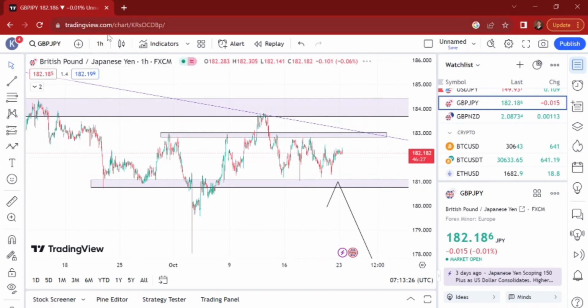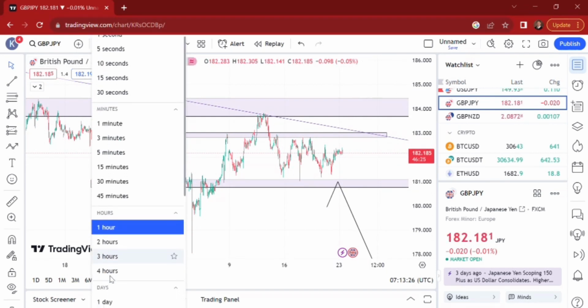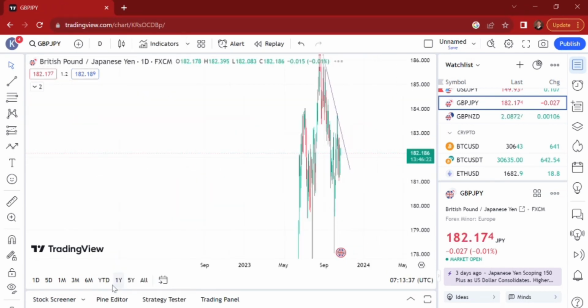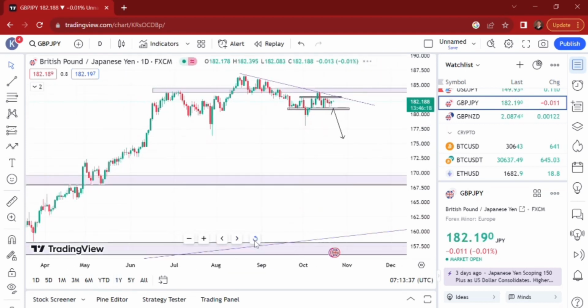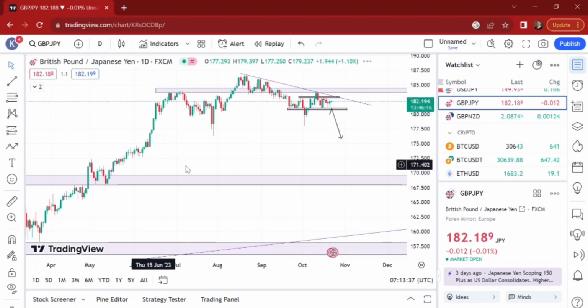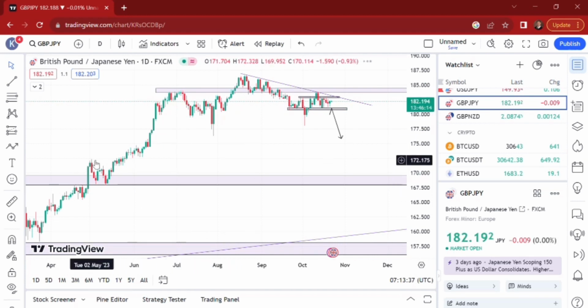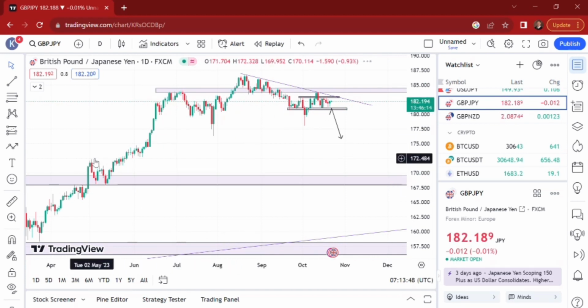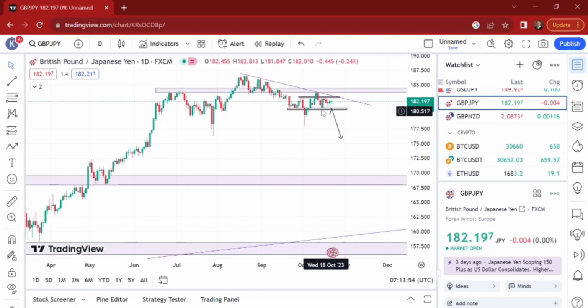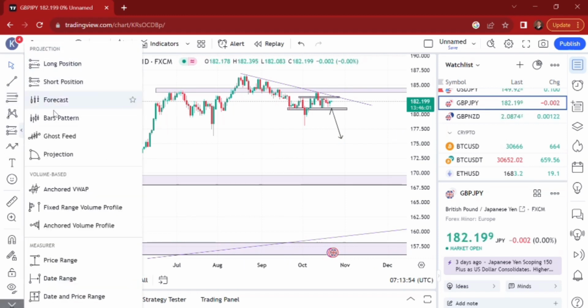Like I said, we saw a reversal chart pattern on a daily time frame, so most likely price will obey this chart pattern here and go all the way down to probably this zone here, 172.484. Right now we just wait. If price breaks down, retests, then I enter the trade. I think the risk to reward is okay.